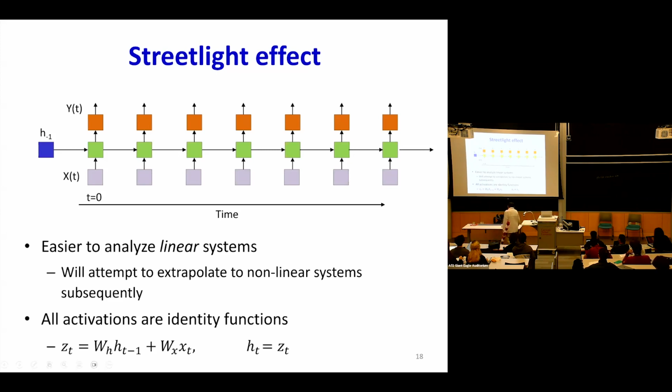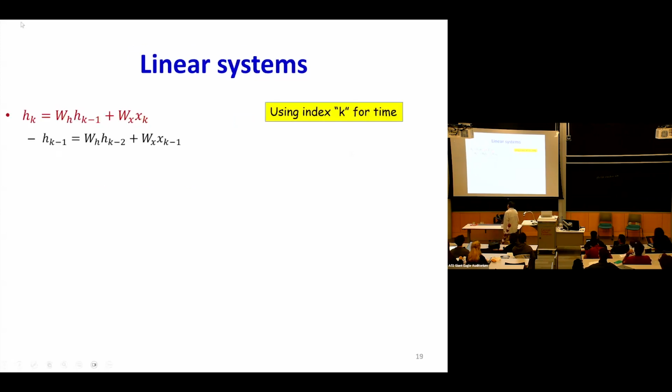Now, let's see how this behaves. Here's what we have. I'm going to write the whole thing down. If I have h_t equals w_h times h_{t-1} plus w_x times x_t, right? Now, what is h_{t-1}? Anyone? What is h_{t-1}?